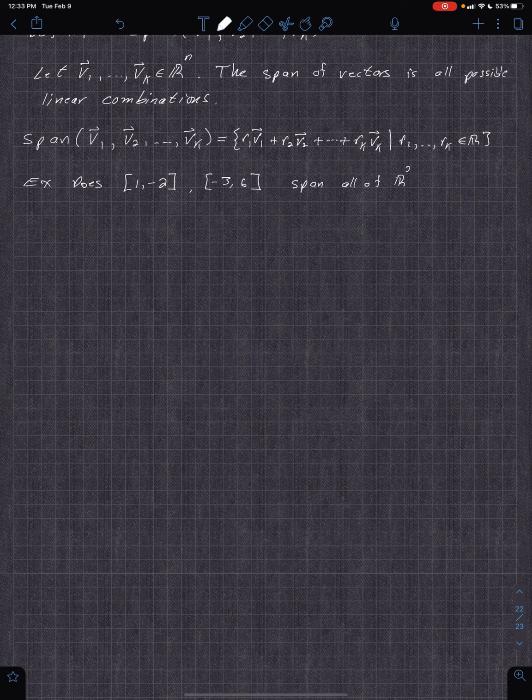Meaning, does the linear combination of those make up all of R2? So it's considering the idea of like i and j. If you span i and j, you get all of R2. We've talked about, right? You do all linear combinations, a scalar times one vector plus a scalar times another, then that makes up every vector in R2.